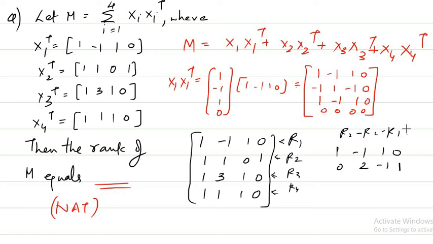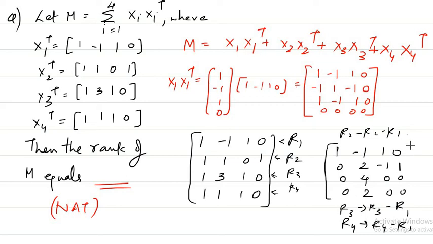Again I make R3 to be R3 minus R1, so I get 1 minus 1 is 0, 3 minus of minus 1 is 4, 1 minus 1 is 0, and 0 minus 0 is 0. And for the last one, I make R4 to be R4 minus R1, so 1 minus 1 is 0, this is again 2, 1 minus 1 is again 0, 0 minus 0 is again 0.